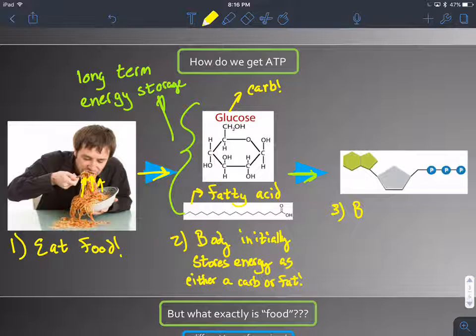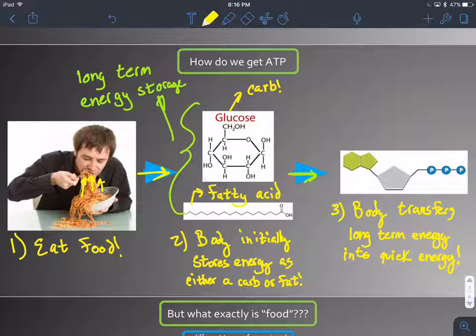the body transfers long-term energy into quick energy. And I call it quick energy because as soon as ATP is made, it's going to be immediately used by the body.